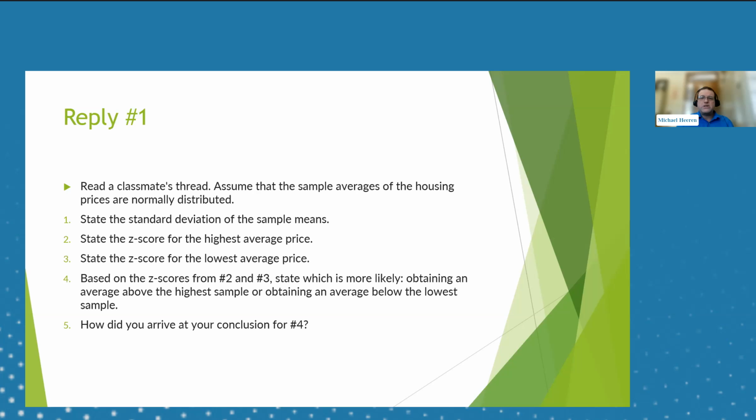For example, find the z-scores of the highest and the lowest average prices, and make a nice little comparison to say, okay, what's the percentage chance of being above the highest, or below the lowest, to see what's going on. And 50% of them actually get that idea backwards at first, because they don't think about being closer to zero meaning that you have a higher chance of occurring.